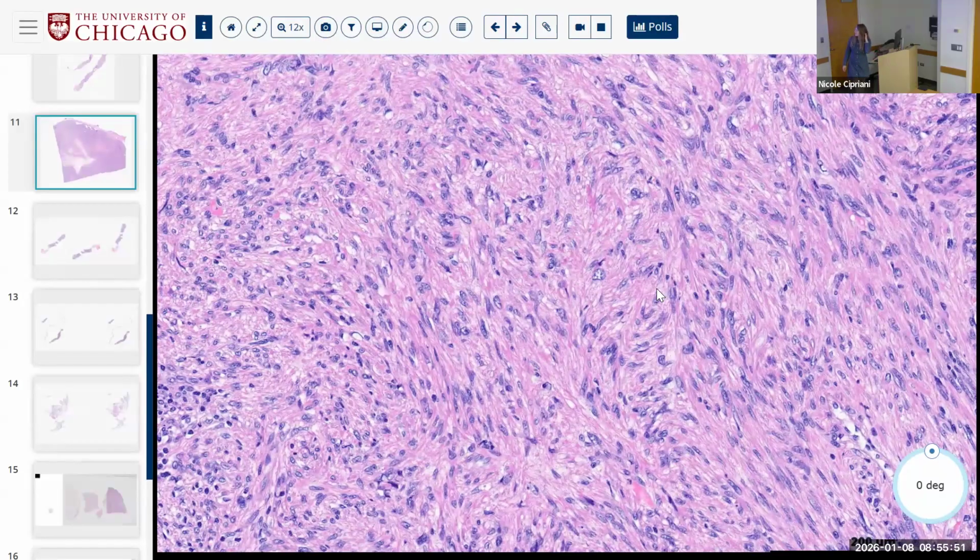I don't think MDM2 was done on the original biopsy or even the resection, because there was no background fatty tumor, and it was so overtly myogenic and arguably bland. It didn't scream dedifferentiated liposarcoma. But now they threw molecular on it and it has MDM2 amplification, so it could be a dedifferentiated liposarcoma with myogenic differentiation, because we know that is 100% possible.